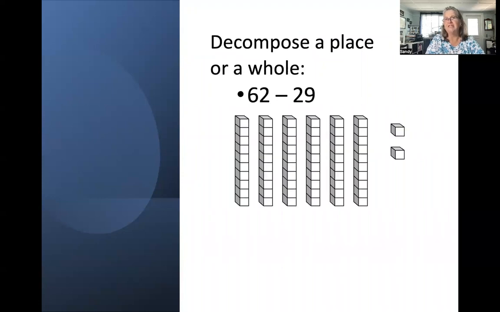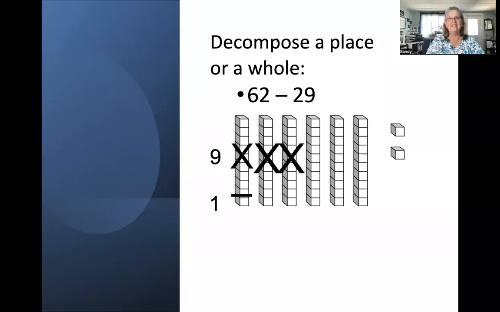I'm going to start with the same base 10 representation, but in this case, I want to think of 29, place value, 20 and 9. I can remove the 20, but then instead of trading that 10 for 10 individual ones, I'm just going to break it. So I can break it into 9 and 1 because I still need to remove 9.